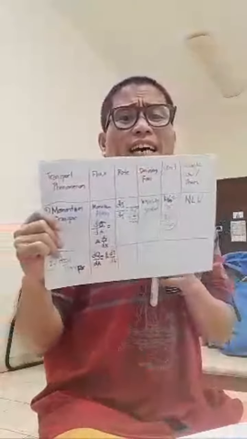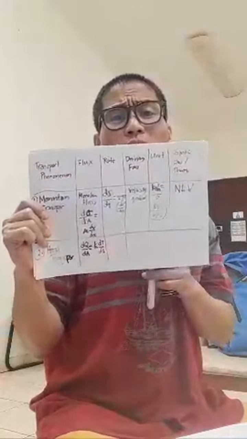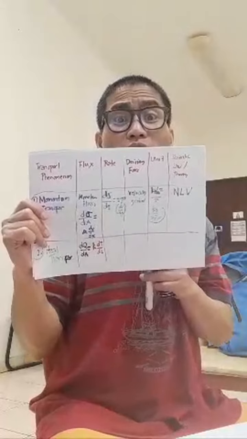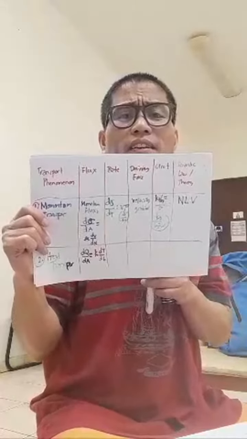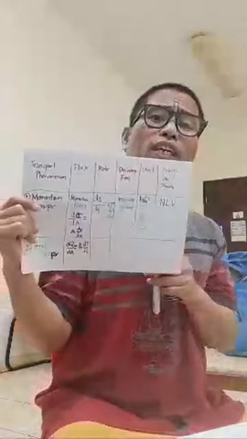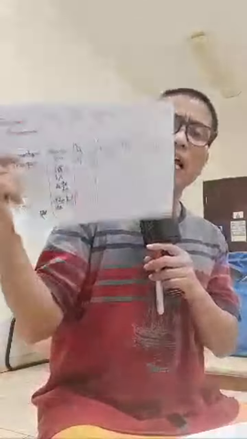Again, what is a flux? A flux is defined as the rate of transfer per unit surface area or per unit cross-sectional area. It depends on the geometrical shape of what you are considering, okay? So this is dQ over dA is equal to thermal conductivity times dT over dL.